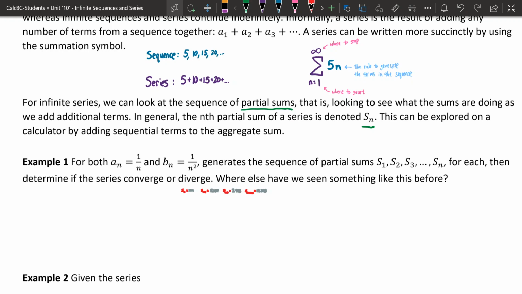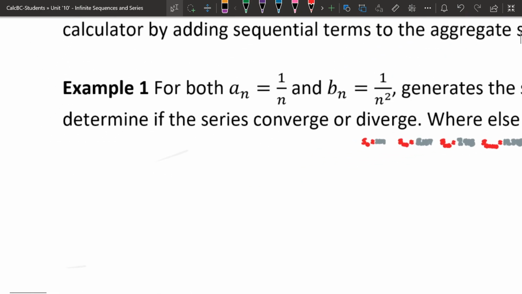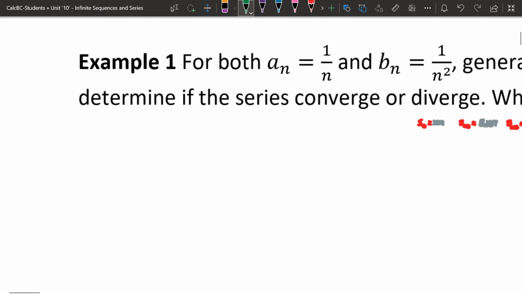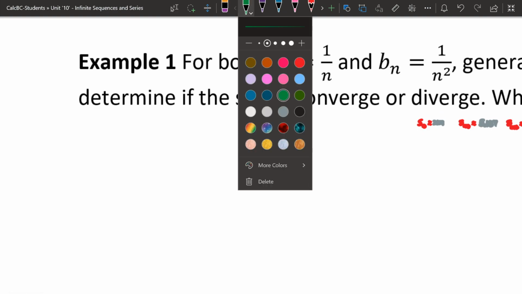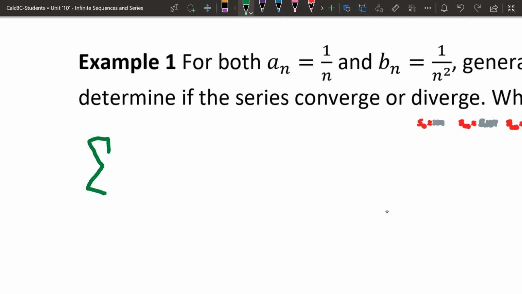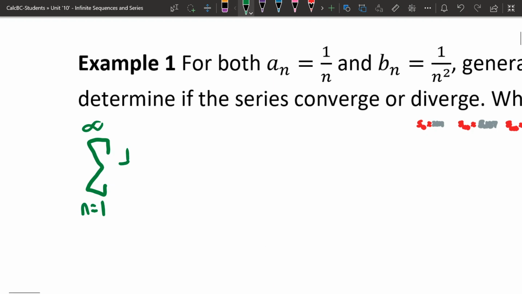In summation notation, we're looking at sigma from n equals 1 to infinity of our function 1 over n. Again, our goal is to determine whether the sum of this sequence converges, approaches a certain value, or it doesn't, it diverges.